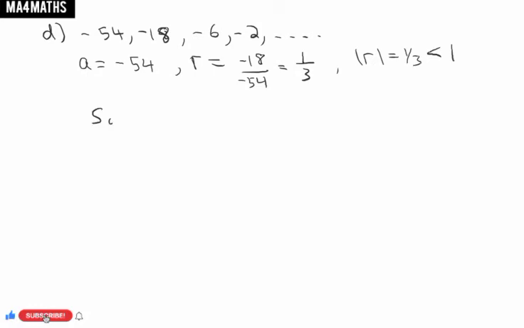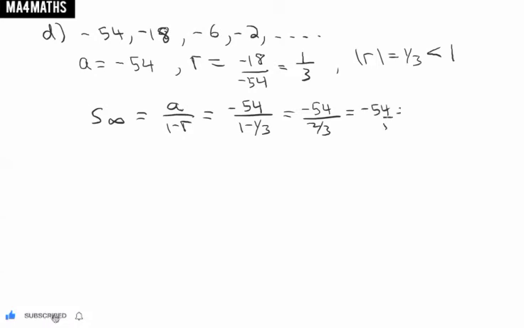So I can apply the formula, which is a over 1 minus r, which is negative 54 over 1 minus 1/3, negative 54 over 2/3, negative 54 over 1 divided by 2/3, negative 54 over 1 times 3 over 2. 2 into negative 54 is negative 27 times 3. Negative 81 would be my answer.